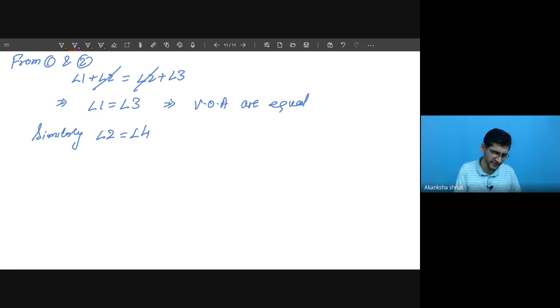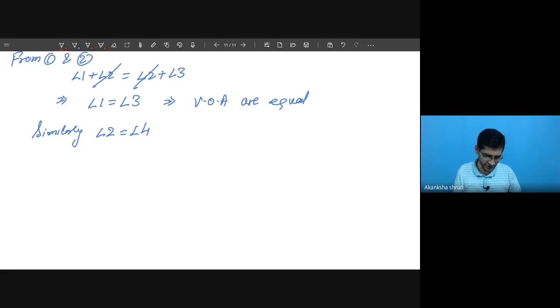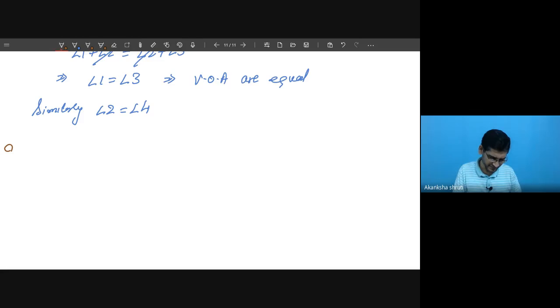Student, based on this, let us frame a question. So in the figure, let us take a figure.